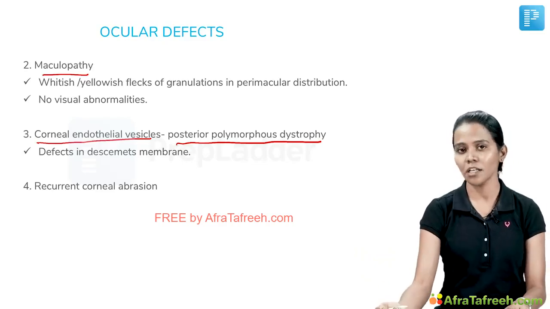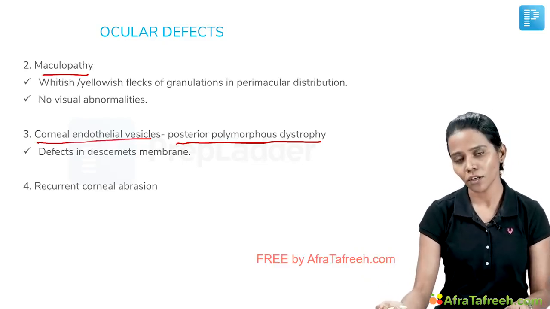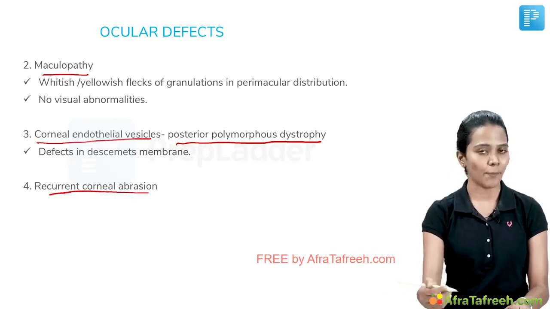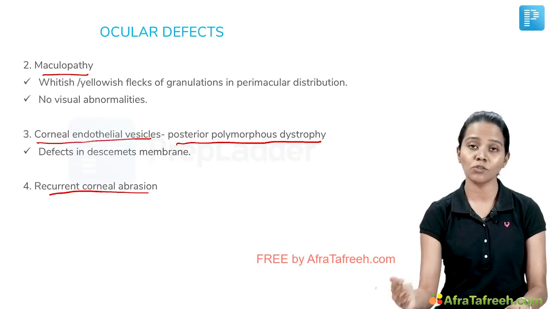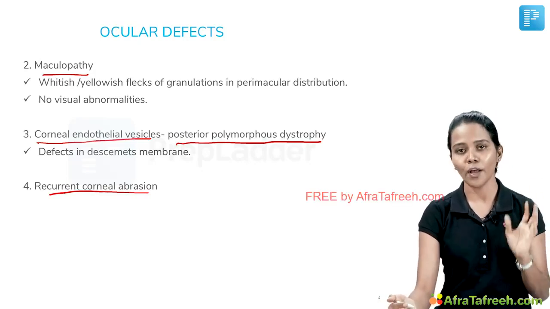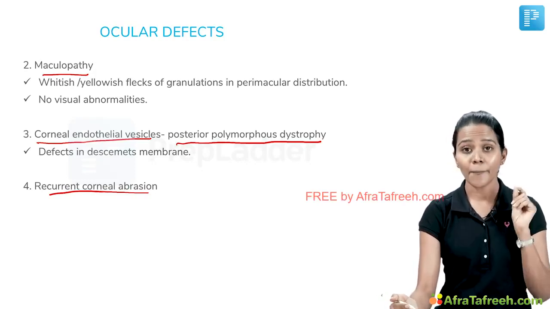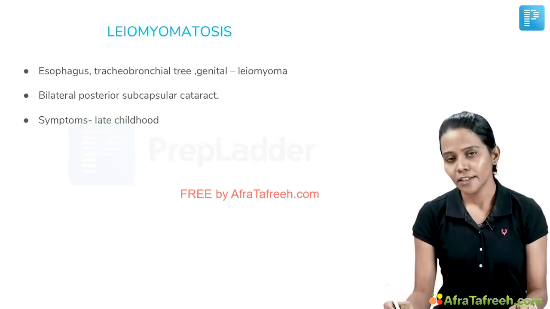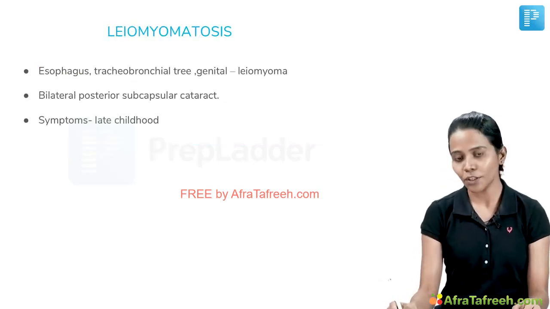Fourth, recurrent corneal abrasion can happen because of these corneal defects. So these are the 4 important ocular manifestations of Alport syndrome, out of which pathognomonic is anterior lenticonus. Next, coming to leiomyomatosis.